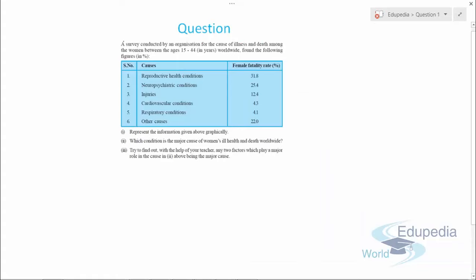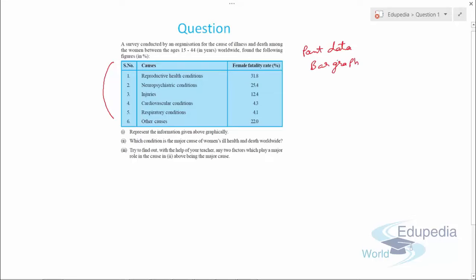Now, the question says that a survey conducted by an organization on the causes of illness and death among women between the ages of 15 to 44 years worldwide found the following figures. We have data like this. You can see properly that it is point data, and for this type of data we only draw a bar graph.